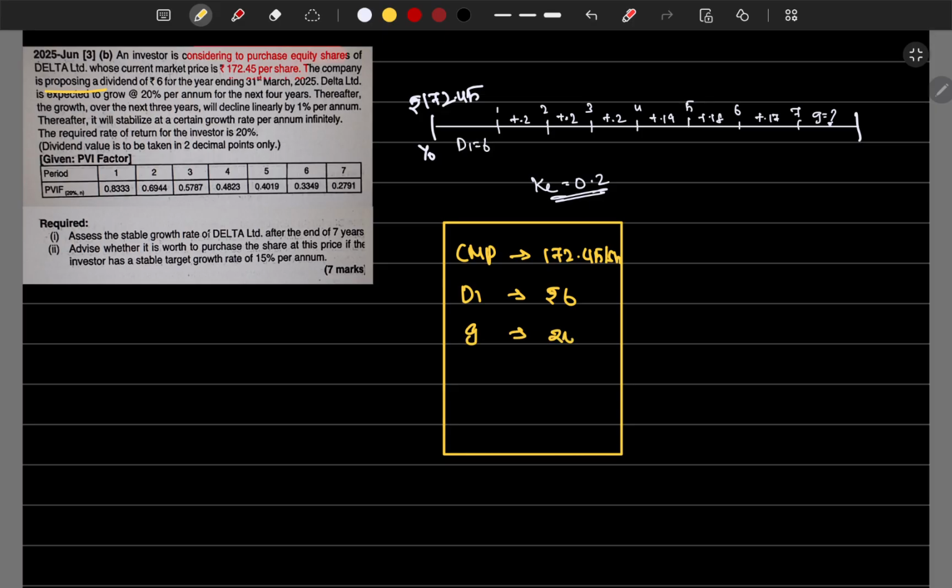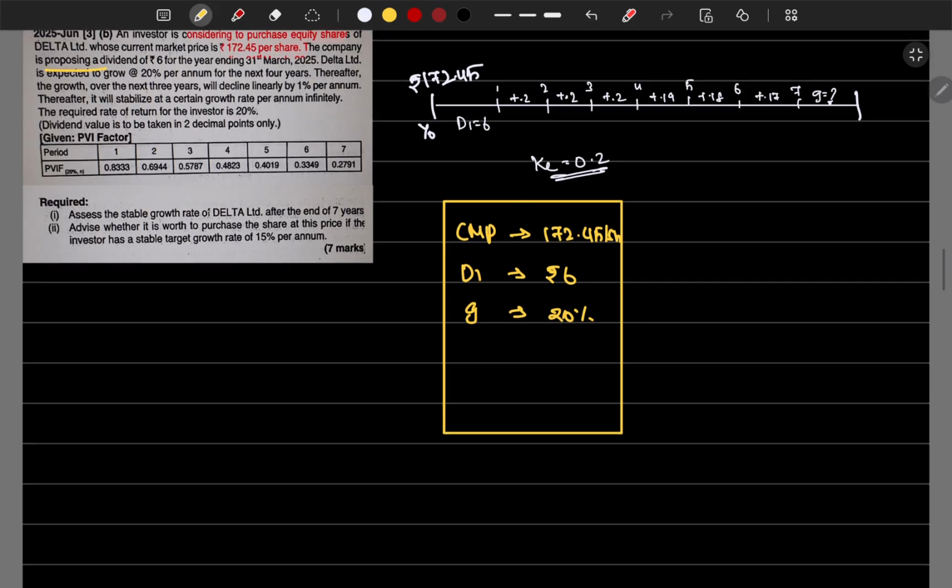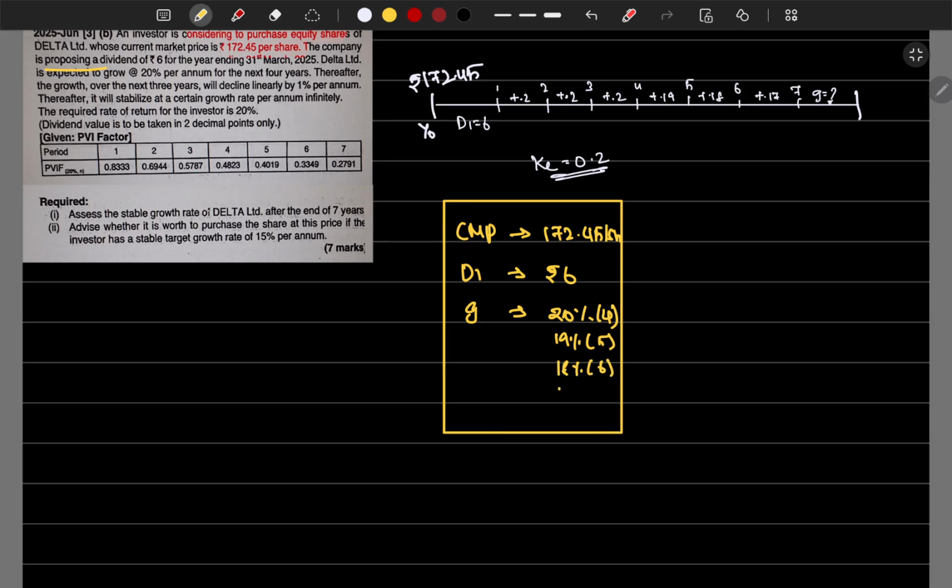G is 20% for the next 4 years, and then 19% for the fifth year, 18% for the sixth year, 17% for the seventh year.